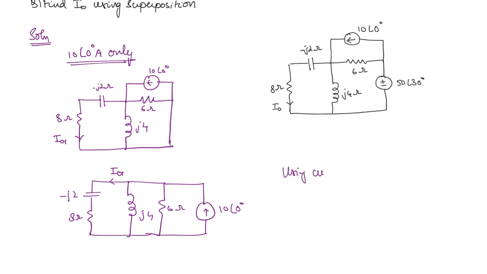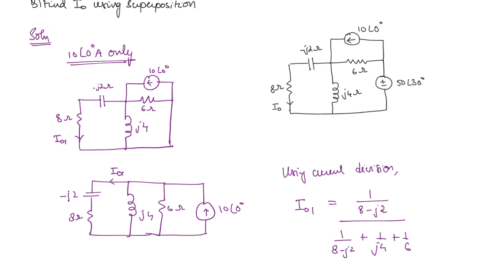So using current division rule, we can write I naught 1 is equal to, we have to take the reciprocal of the impedance, right? So 1 divided by 8 minus J2, divided by the sum of reciprocals: 1 by 8 minus J2 plus 1 by J4 plus 1 by 6, into the total current.